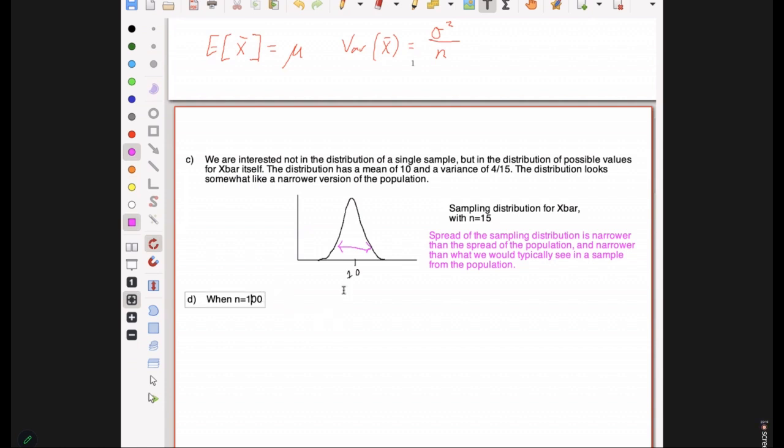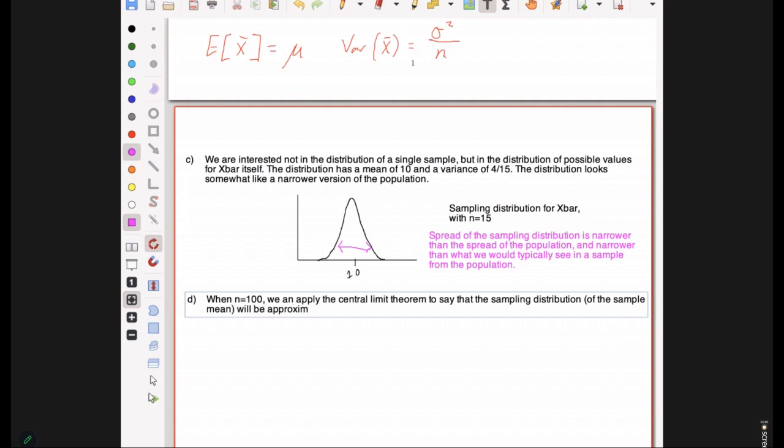Okay. So when n equals 100, we can apply the central limit theorem to say that the distribution of the mean will be approximately normal, even though the population itself is positively skewed.